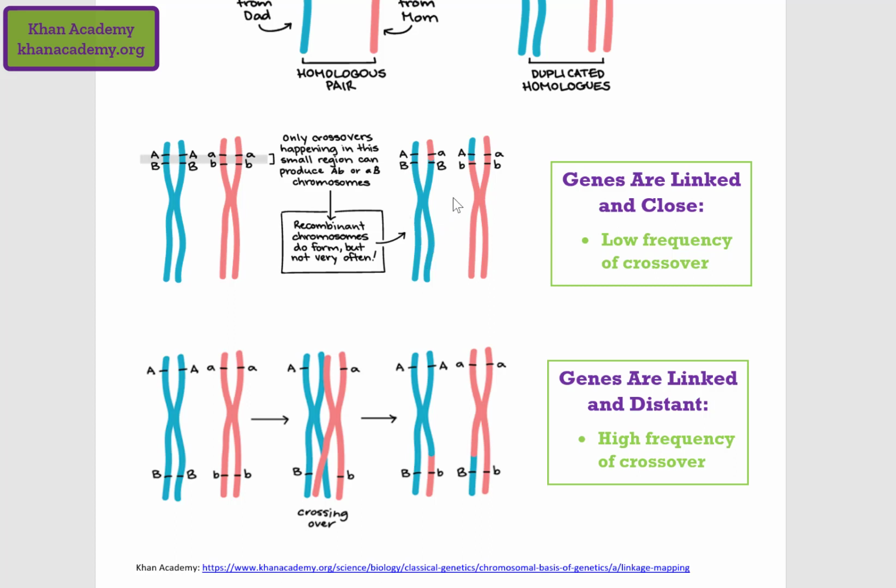And then very few gametes would have little a and big B together, and few would have big A and little b together. Whereas in our other homologous pair here on the bottom, finding big A and big B together in a gamete on one chromosome is probably just as likely as finding big A and little b on a chromosome together inside of a gamete.